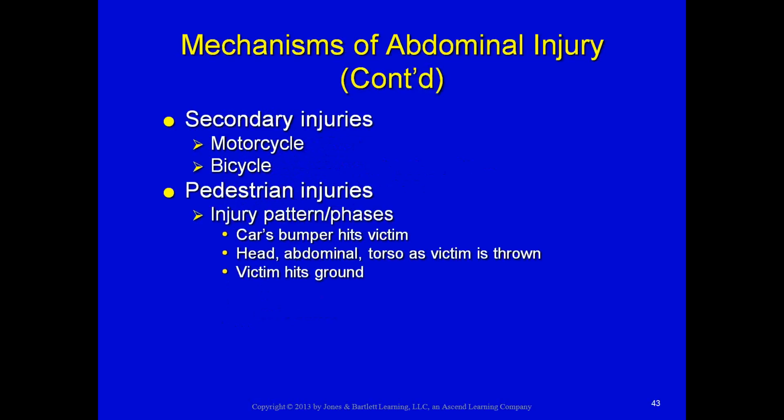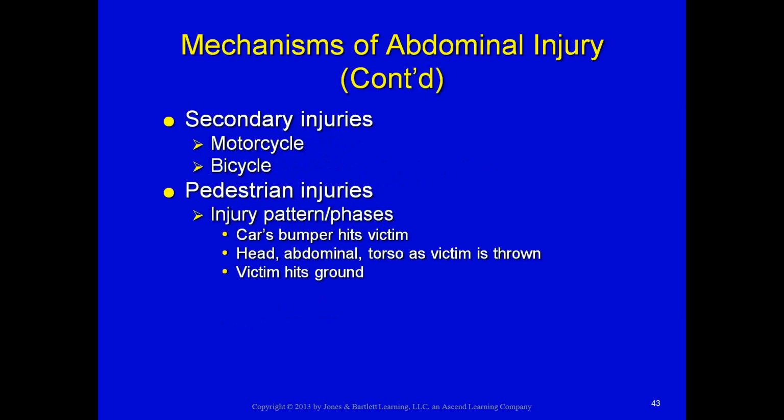Secondary injuries include motorcycle and bicycle injuries. You have the initial impact, which will cause an injury, and then if the pedestrian or the motorcycle rider is thrown, when they hit the ground, that'll be another impact.